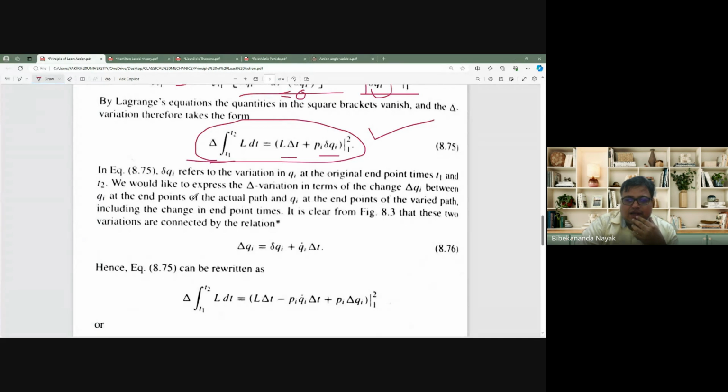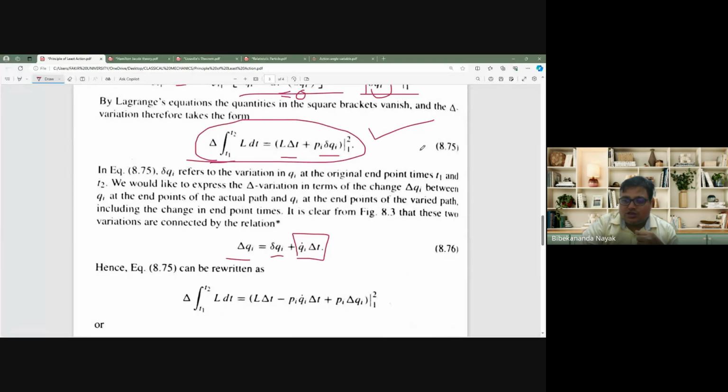We would like to express the delta variation in terms of change delta Qi between Qi and the end points of the actual path, Qi at the end points varied. But delta Qi is actually del Qi, the small variation, plus Qi dot into del T, the change due to T. Qi dot means dQi by dt.